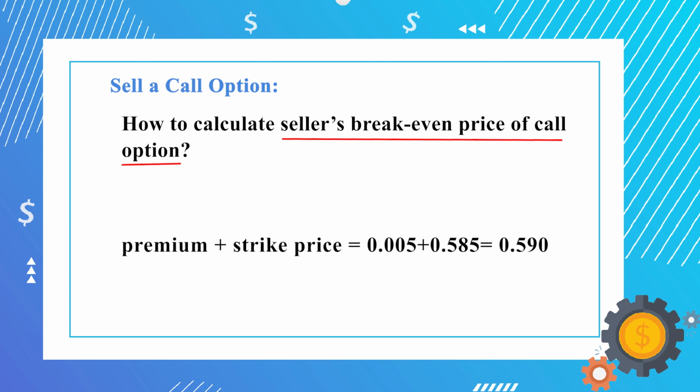It equals premium plus strike price, equals 0.005 plus 0.585 equals 0.590. Comparing the formulas for the buyer's and the seller's break-even price of call option, we can see that the break-even price of call option for the buyer and the seller are the same, equal to premium plus strike price.